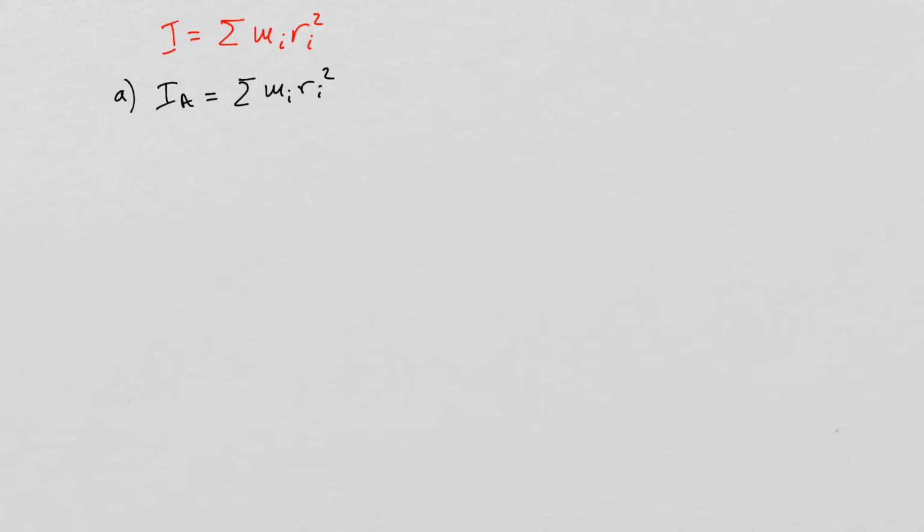So then for the rotation about the axis that passes through A, the moment of inertia IA is going to be equal to the sum of masses times distances squared to that axis of rotation.